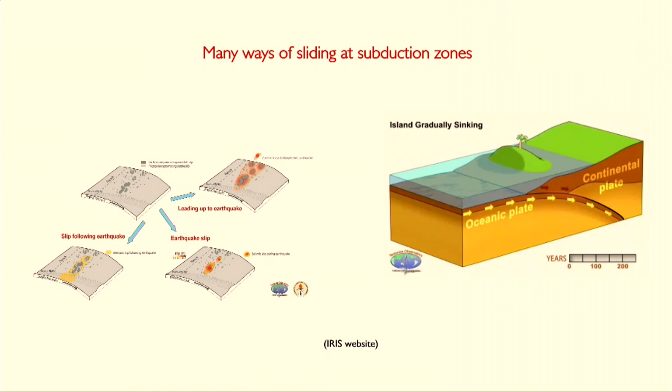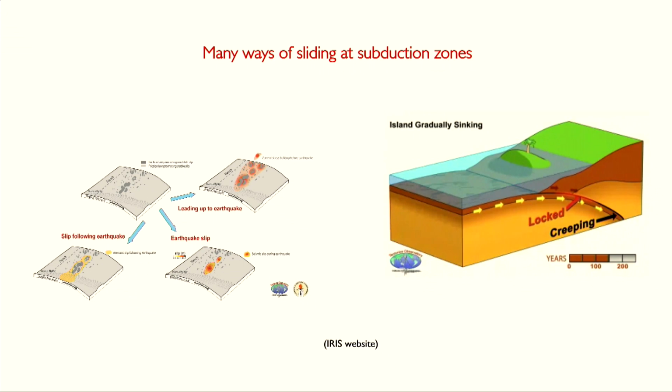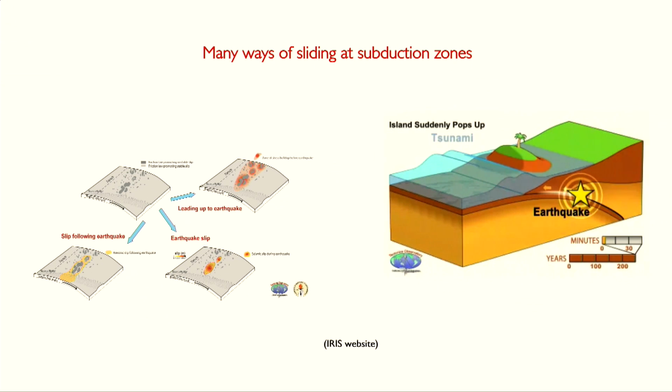As a bit of motivation, you are aware that subduction zones can host a remarkable range of motions. Some portions are very slow and locked, still being pushed, and then all of a sudden, over a very short time scale, there is a rapid motion that cascades into lots of other processes within the earth.